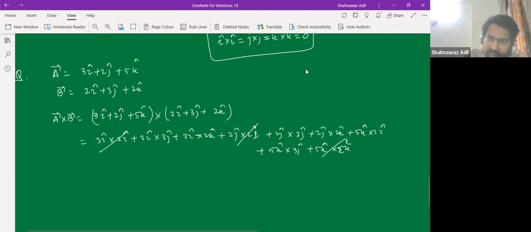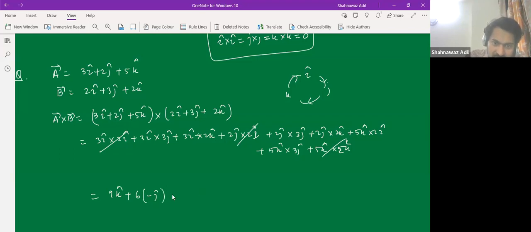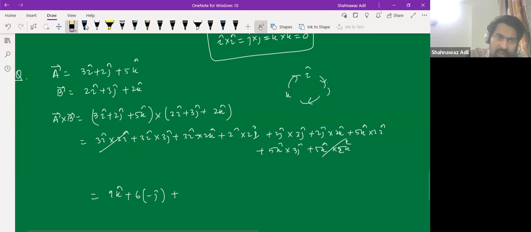And we have this cyclic property, right? So i cross j would be k, and i cross k would be minus j. And then j cross i is minus k.